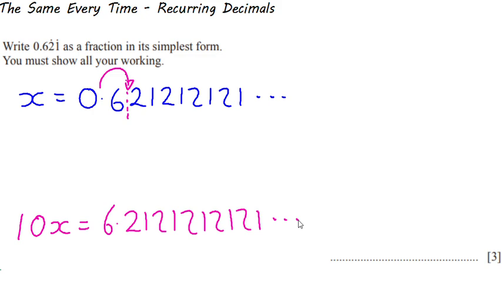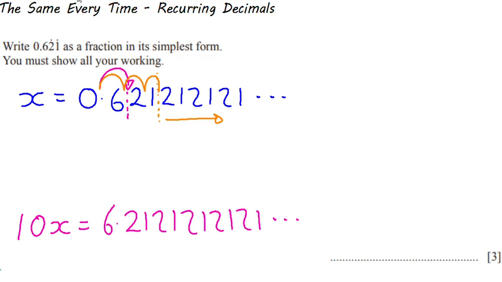And then I need to do that again. I need to have on the right-hand side only the repeating part, the 2, 1, 2, 1, 2, 1. Well, there it is again. On the right-hand side of that, I get the repeating part of my decimal, the 212121 part. How many places do I have to move my decimal point to get to there? 1, 2, 3 places.